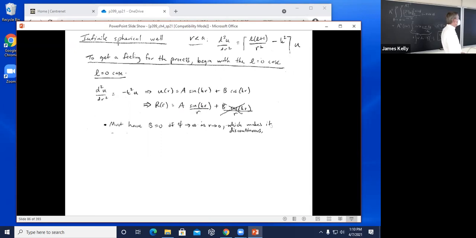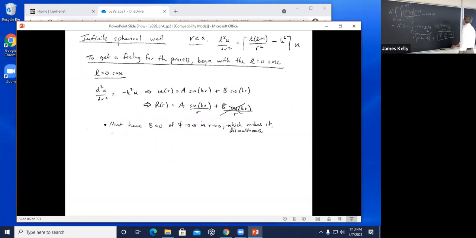That's your favorite L'Hopital's rule kind of thing, where sine of kr over kr goes to 1 as r goes to 0. So this is perfectly finite because the denominator is going to 0 as r goes to 0, but the numerator is also going to 0 in such a way that the ratio stays perfectly finite. Here, the numerator goes to 1 and the denominator is going to 0. So this thing's going off to infinity as r goes to 0.